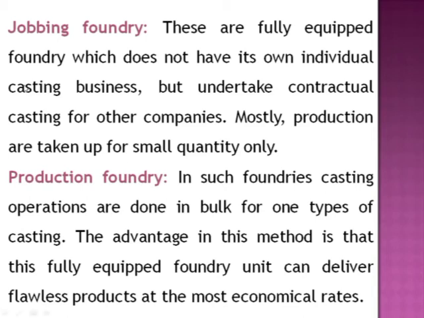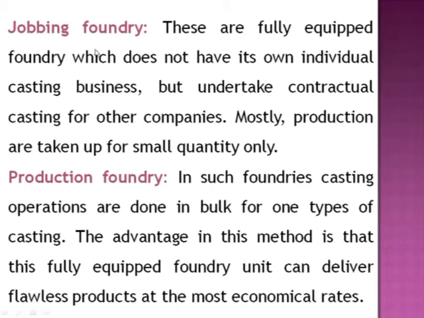So these are fully equipped foundries, but they don't have any individual casting business; they undertake contractual casting for other companies. It means they make some casting products and sell them to other companies, and the other company purchases and assembles them and tries to sell them.